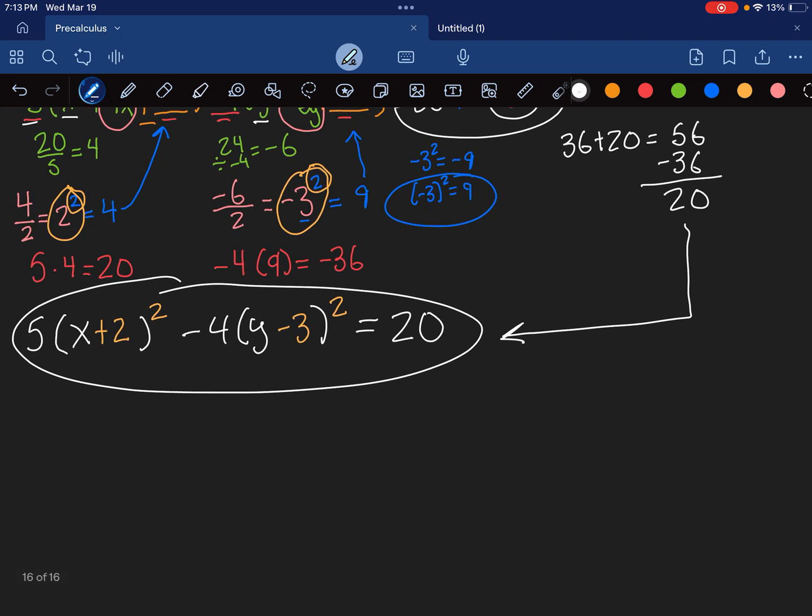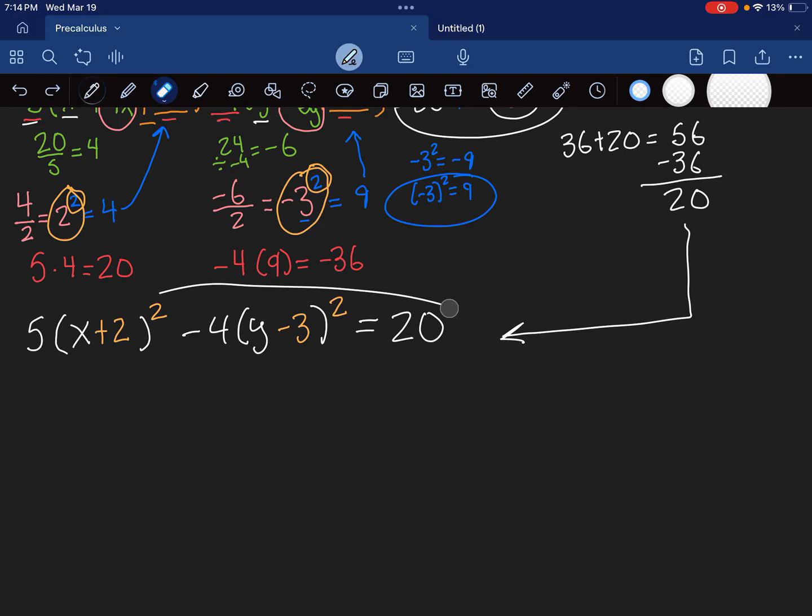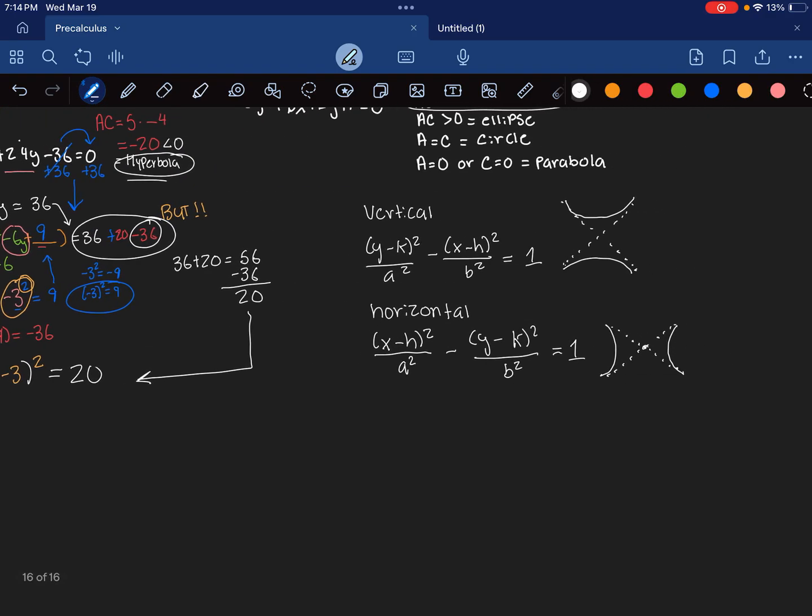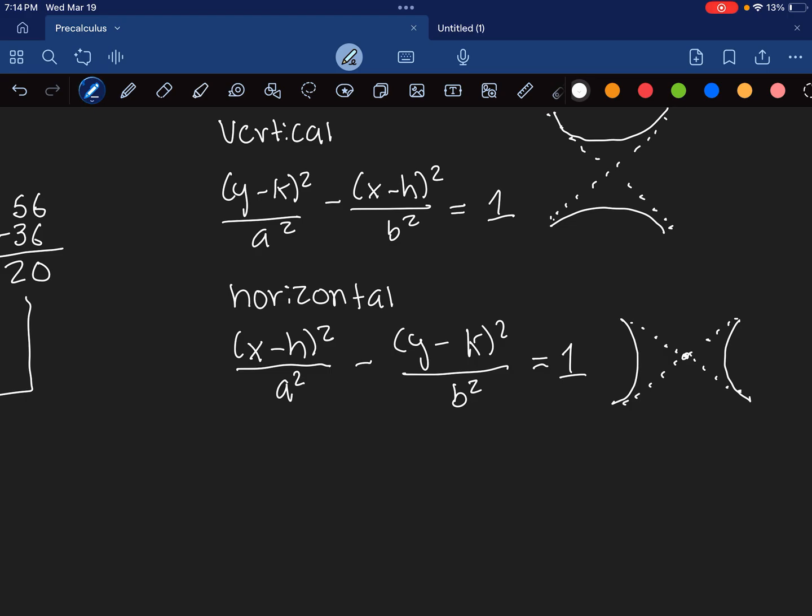So what we're going to do here is, let me erase this real quick. Okay, so what we want to do here is rearrange this equation so that it matches one of these hyperbolas.